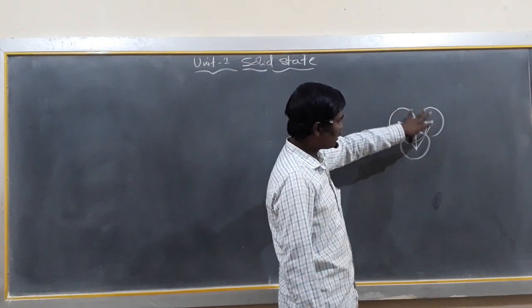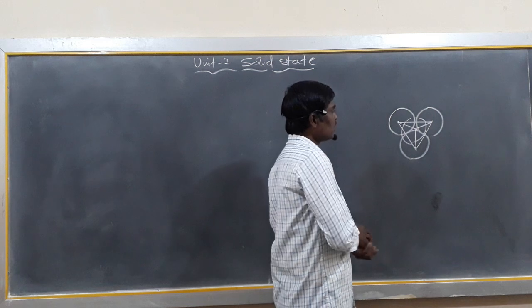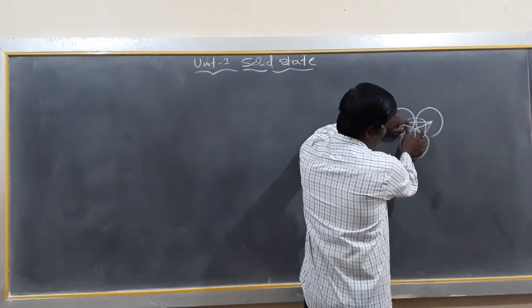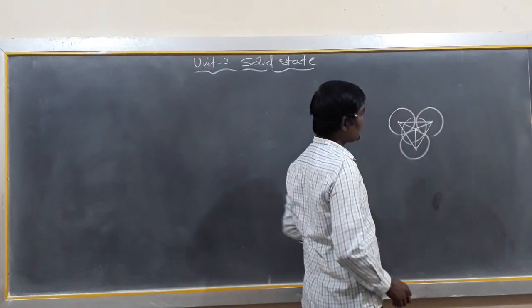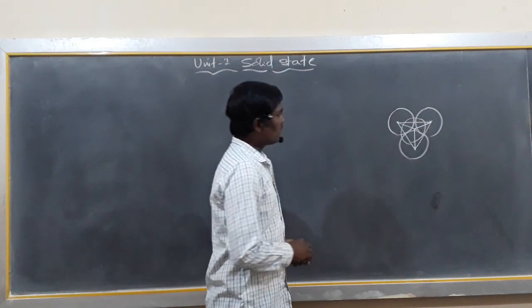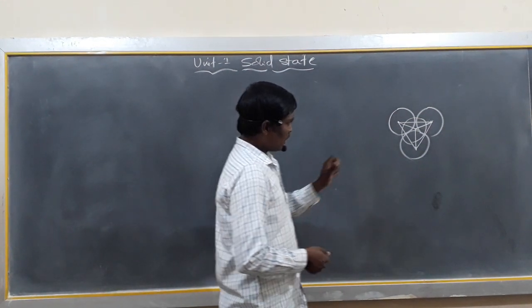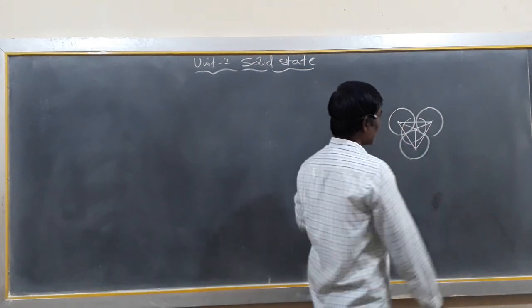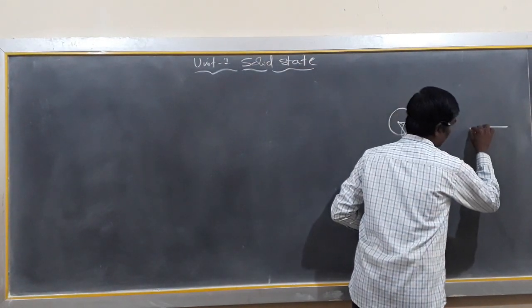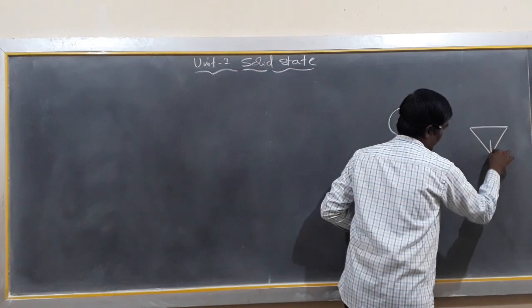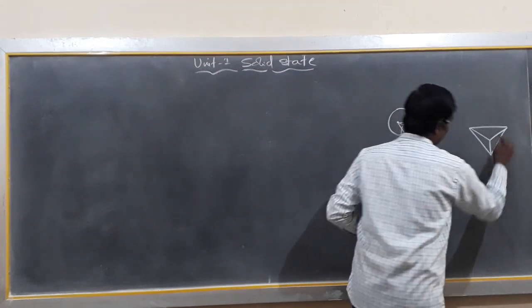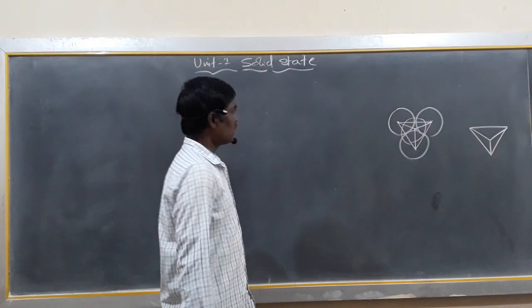Another particle is placed on the A type of voids created in the first layer, so that empty space looks like a tetrahedron. This is the structure of tetrahedron. Therefore, that empty space is called tetrahedral.